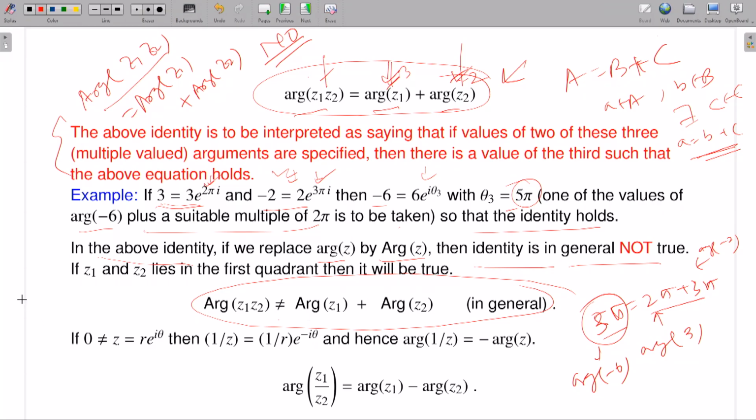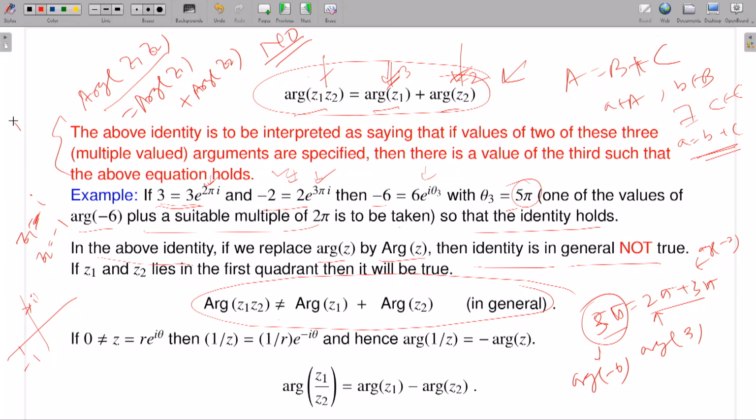So look, just try it. For example, consider Z1 equal to i, and Z2 equal to minus 1. So this is my point i, and this is minus 1.